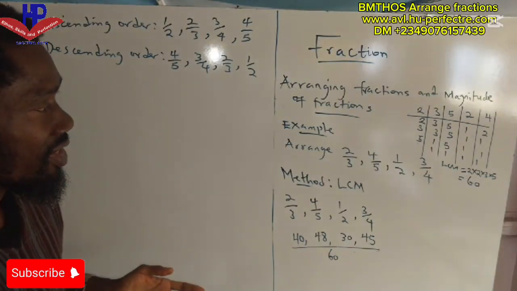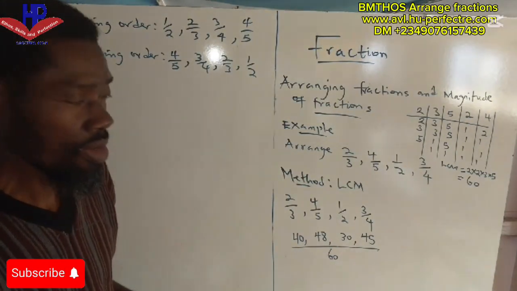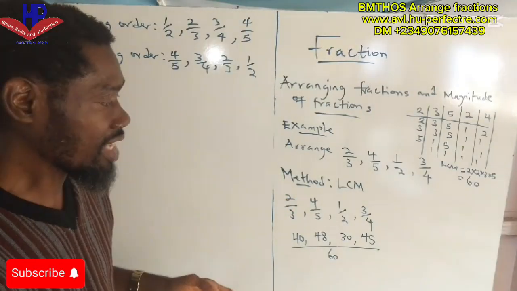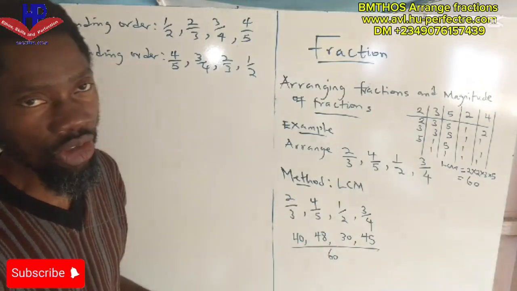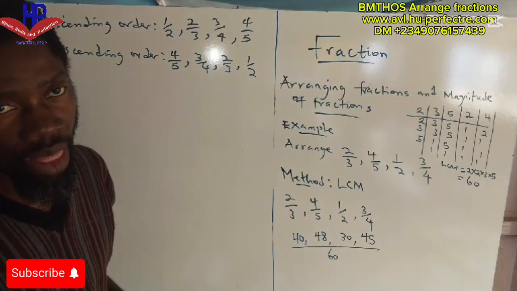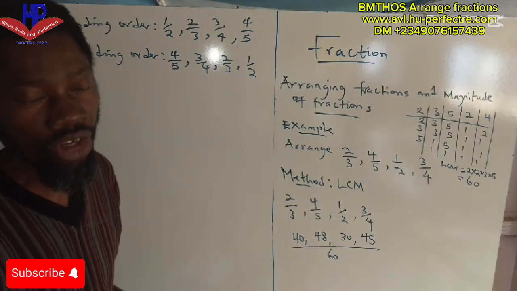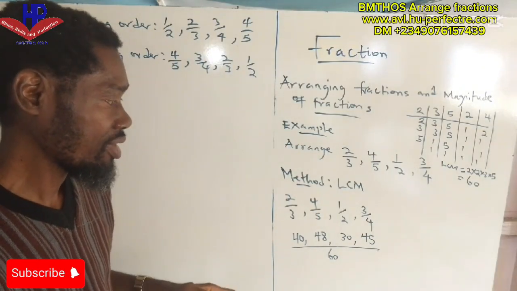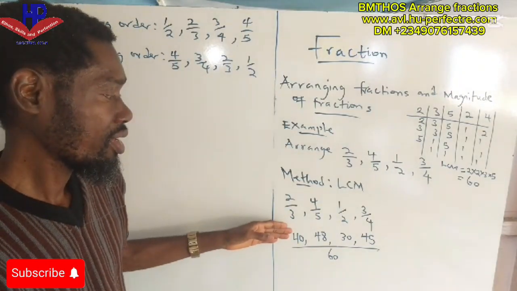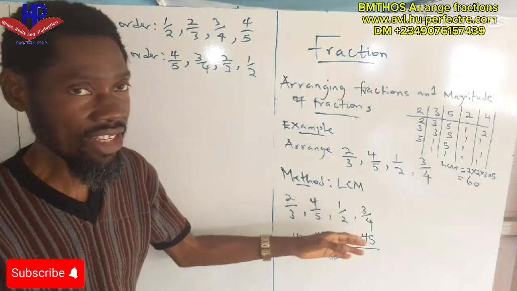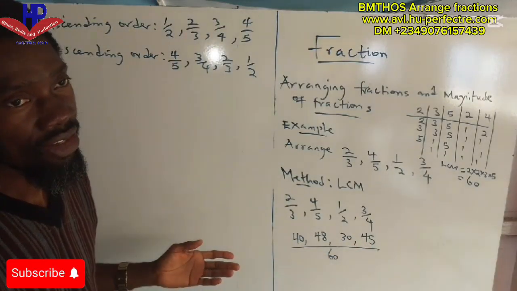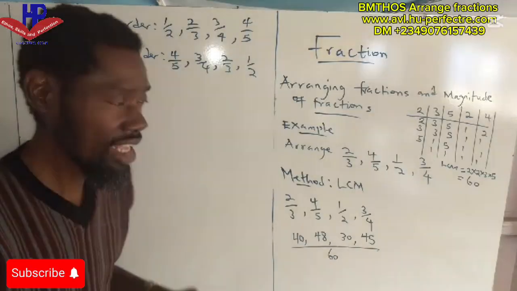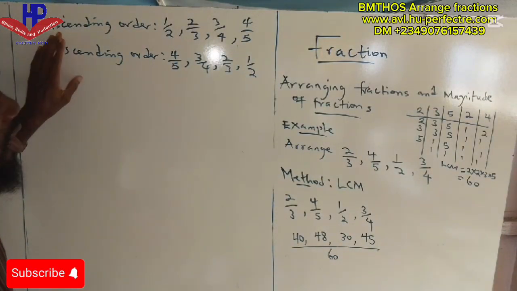Should you be asked which is the smallest fraction, the same LCM method should be used, and you notice that 1 over 2 is the smallest fraction. So 1 over 2 will be the answer. So this is how you go about the LCM method. Find the LCM, then do the number solving, then find out which is the smallest or which is the biggest. Then if it is to arrange them in ascending order or descending order, you carefully do what I've done here on the board.